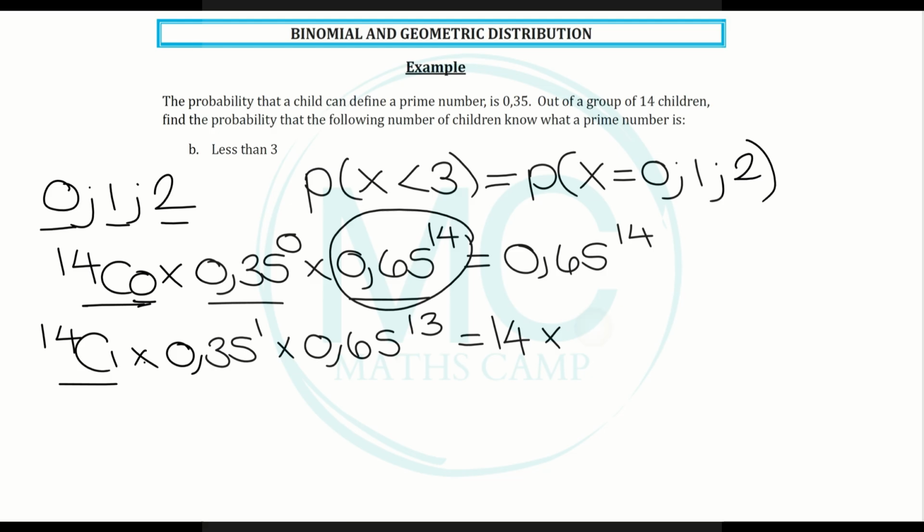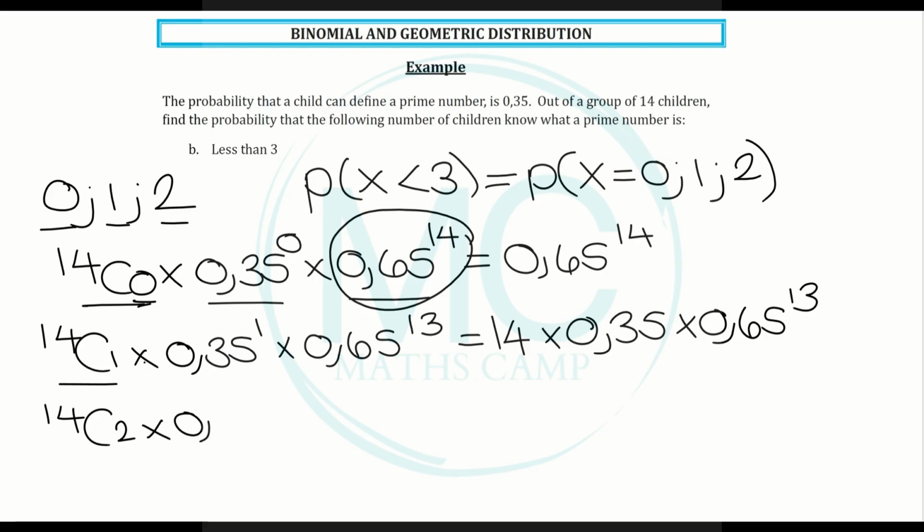We don't need to write down the 1. So it's 0.35 multiplied by 0.65 with an exponent of 13. Now let's substitute 2 into our r value. 14C2 multiplied by 0.35 squared multiplied by 0.65 with an exponent of 14 minus 2, which gives us 12.